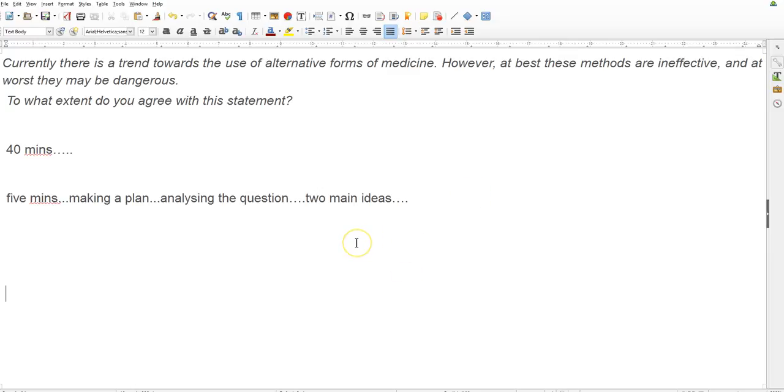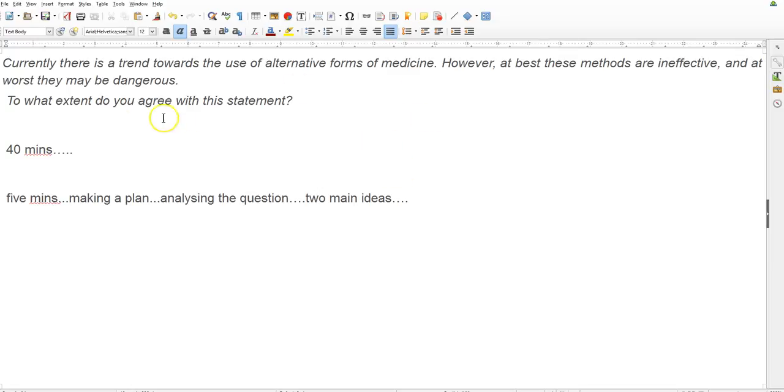So let's have a look at the question first then. Currently there's a trend towards use of alternative forms of medicine. With most of the essays, the first part of the question is not a question, it's just setting a scene. It's providing the context.